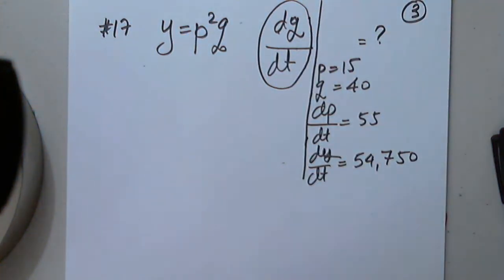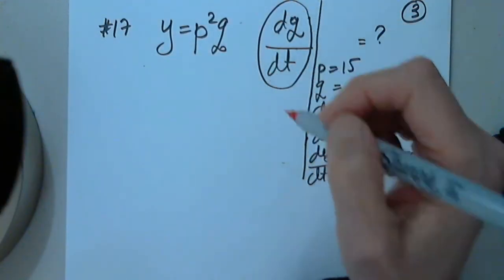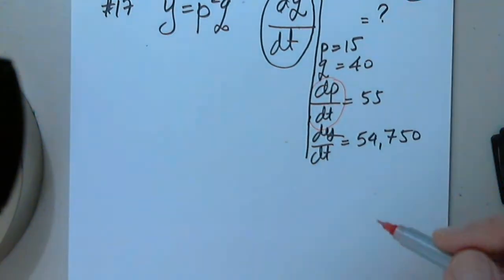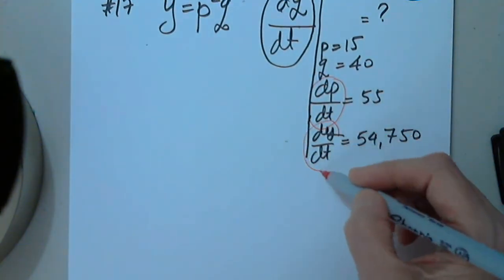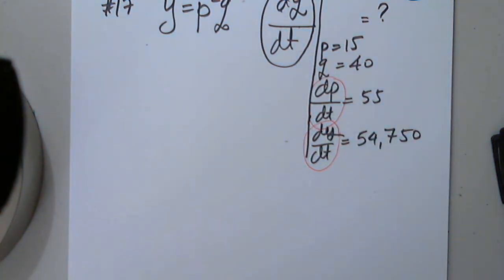But now we have to analyze what is given. I'm told to find dq over dt. I am also given dp over dt, and I'm also given dy over dt. What does this mean? What does this tell us? This is very important because I don't know how to proceed if I don't analyze what is given to us. So what does this all mean?